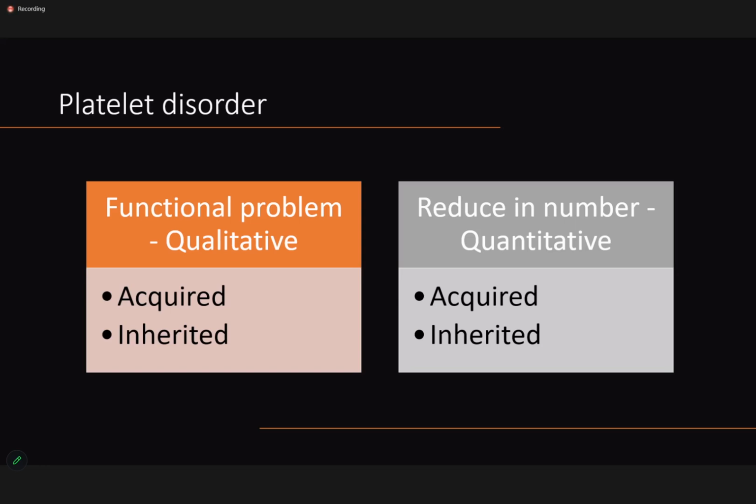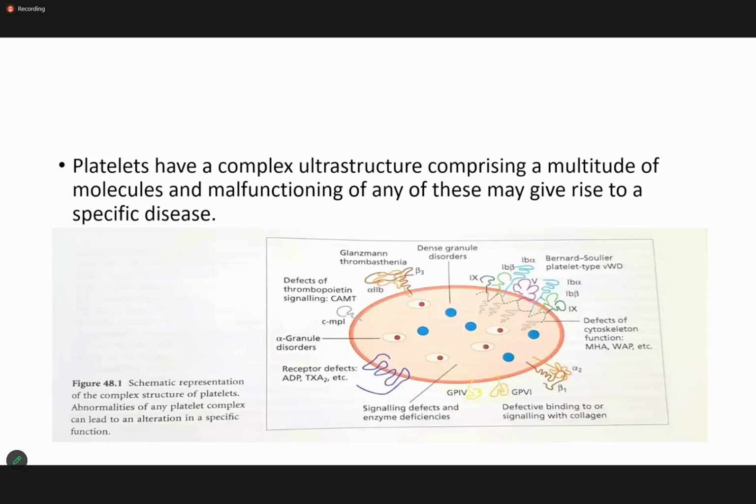But today what I try to expose to all of you is more toward inherited causes, because I think we also need to know about the inherited causes in qualitative platelet disorders.